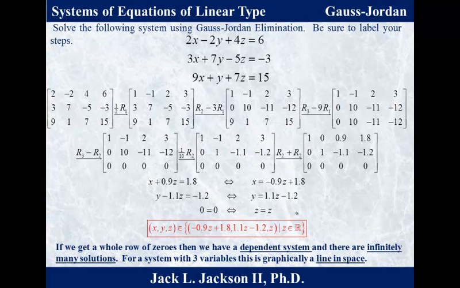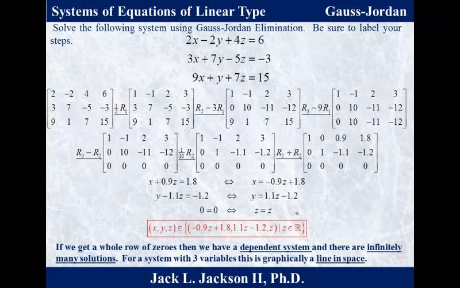It's not just one thing, so we have to say the ordered triple (x, y, z) is an element of some set, and that set looks like: the x-coordinate is negative 0.9z plus 1.8, the y-coordinate is 1.1z minus 1.2, and the z-coordinate is z, such that z can be any real number we pick. So pick whatever z you want, plug in these formulas, and you can find y and x. So in this case, z is like the independent variable, and x and y are dependent on z.